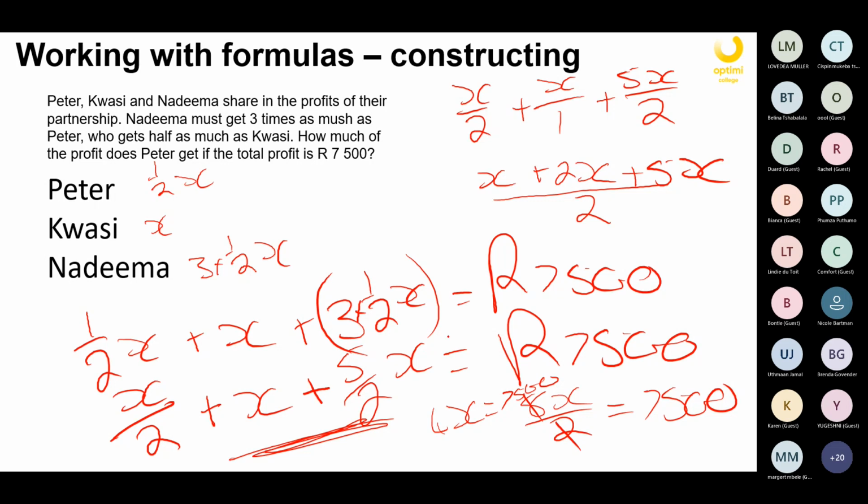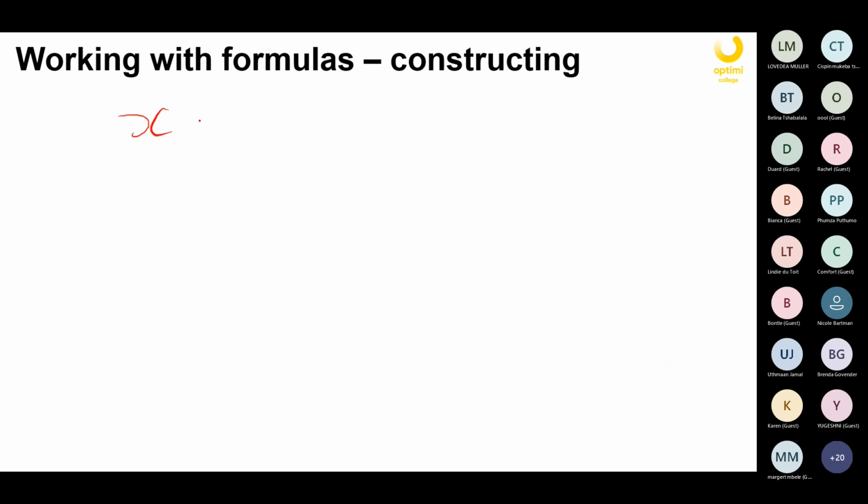Are you guys with me? Okay, so 4X equals 7,500. So what is X? 7,500 divided by 4 equals 1,875. So X is 1,875.